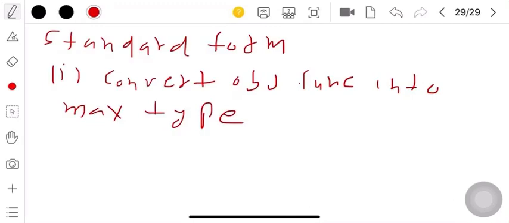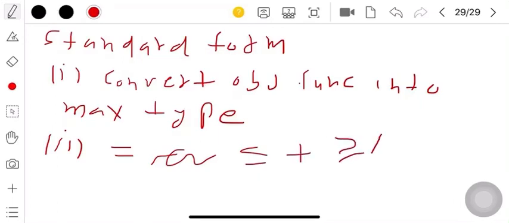Second, replace all equality constraints by two weak inequalities, one of less than or equal to type and the other of greater than or equal to type. So if we have any equality constraint, we can convert it into less than or equal to plus greater than or equal to.